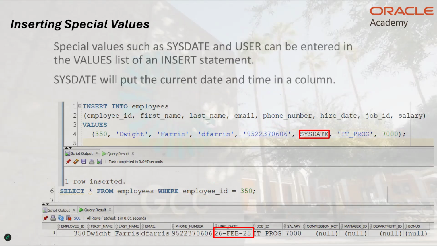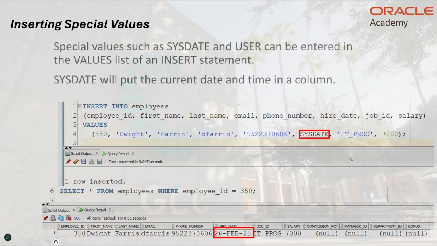All right. You can insert special values like SYSDATE or USER, which is your user. You saw in that error message that you all have a user, which is student; mine is student 01 and yours is student whatever. So if I was to insert myself, being hired by the company, I could run an insert into employees, first name, last name, email, phone number, hire date, job ID, salary, and I can use SYSDATE.